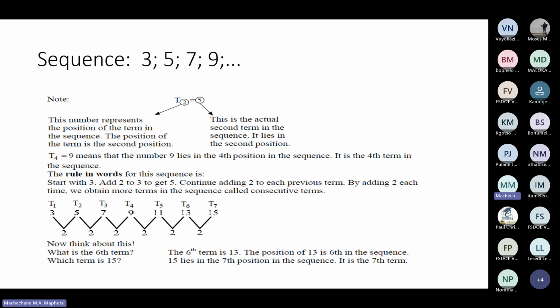I think everyone can see term 1, term 2, term 3, term 4, term 5, term 6 will be 13, meaning that the position of 13 is the 6th in the sequence and 15 lies in the 7th position. So we call 15 the 7th term.